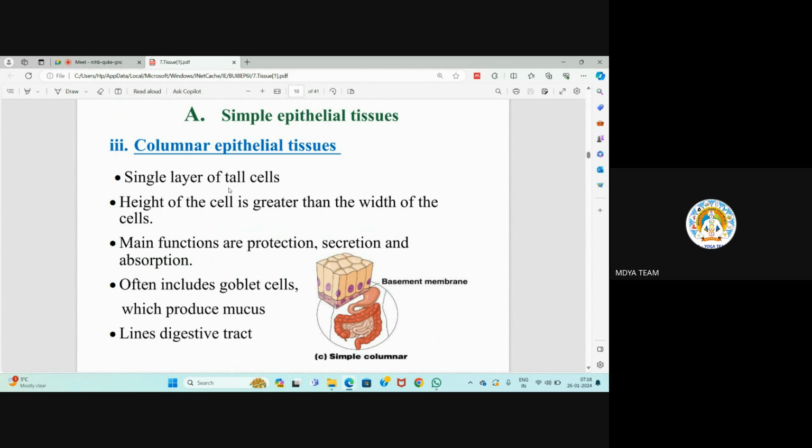Do you understand the meaning of tract? Ma'am, like the GI tract. Yes, very good. The GI tract starts from where and ends at where? Ma'am, starting from the mouth, ending at the anus. Yes, very good.